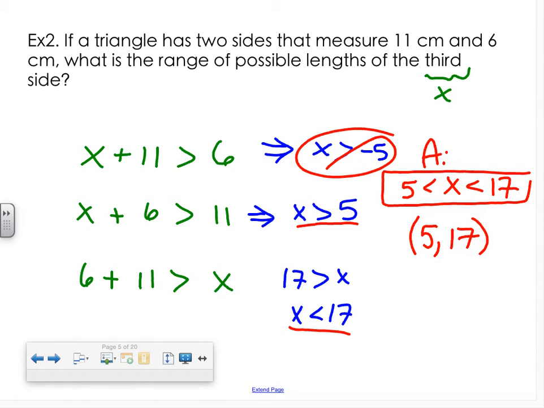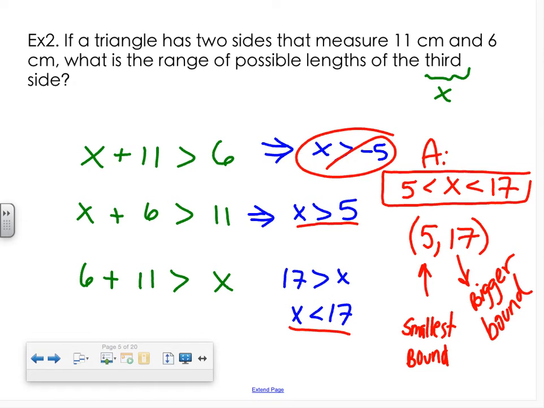So that's not a coordinate, but an interval, where 5 is the smaller bound, not including 5, like 5.01. And this is your bigger bound for an interval. It's not a coordinate. I think you did this in Algebra 1, so you should be okay. So that's your range.